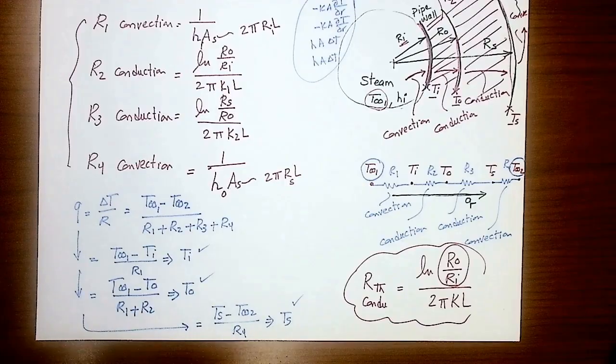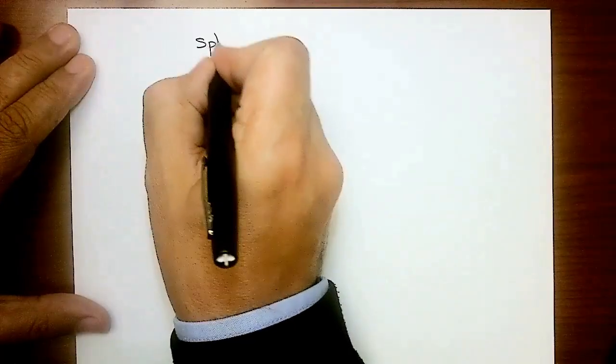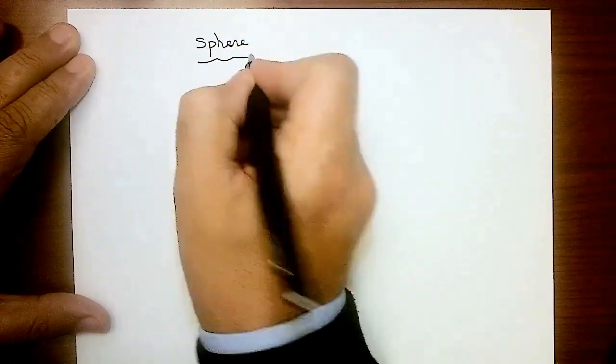The last geometry that I'm interested in is actually the spherical shape. So let's look at the sphere, and provide you with the two equations for the conduction and convection resistance. So let's do the sphere. Again, it's a hollow sphere, so it's empty from inside.